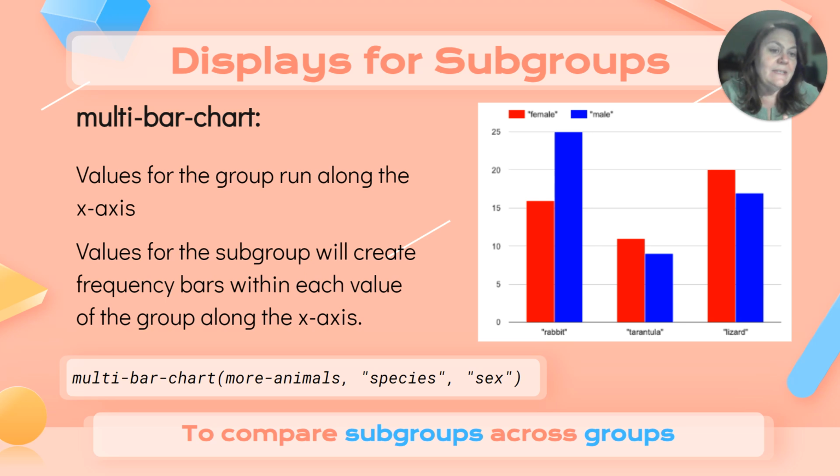And so across the x-axis area for a multi-bar chart, you will see the different groups running across there. The values for this particular one are the species that we're looking at, okay? And then the values for the subgroups will then be represented by frequency bars.